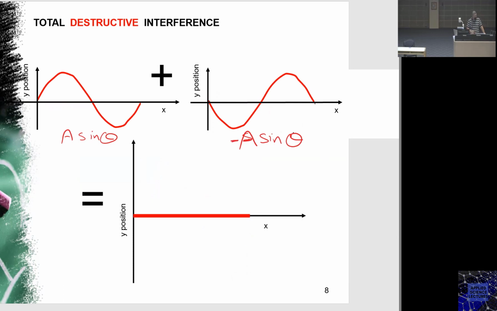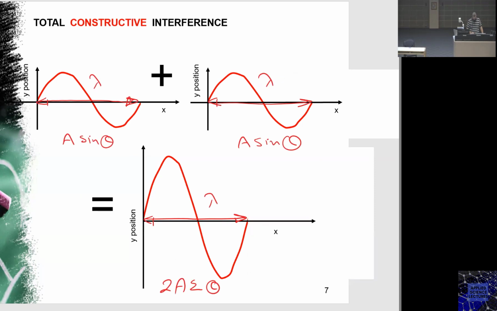So this is what we call the destructive interference, where those waves tend to cancel each other, and this one is the constructive interference. When they overlap, they tend to add.